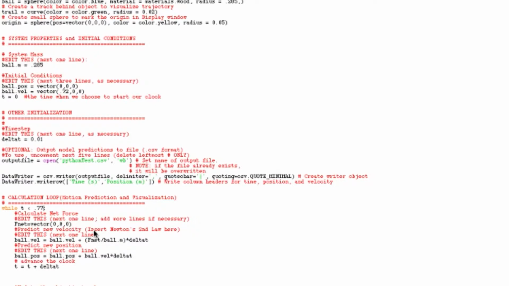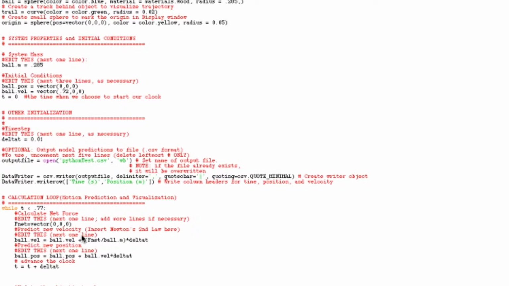And as you can see right here, we're going to use Newton's second law to predict a future position. We're using a delta t of 1/100th of a second, which is a very short time, which will give us a much more accurate calculation as we predict the ball's future position.